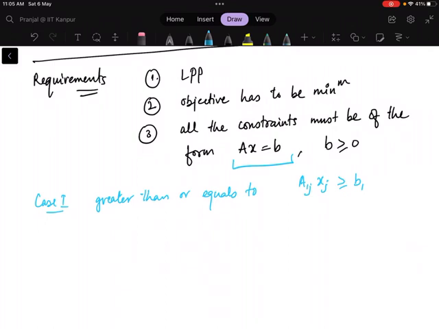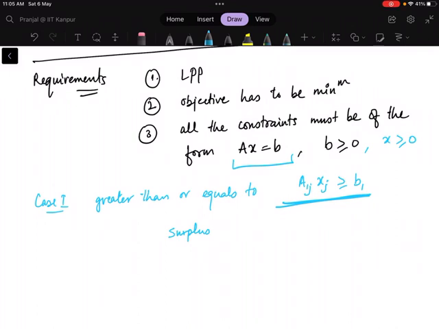Let's say the first constraint is of the greater than or equals to type. Now this has to be converted into an equality constraint by using a surplus and an artificial variable. Also, all the x have to be greater than or equals to 0.